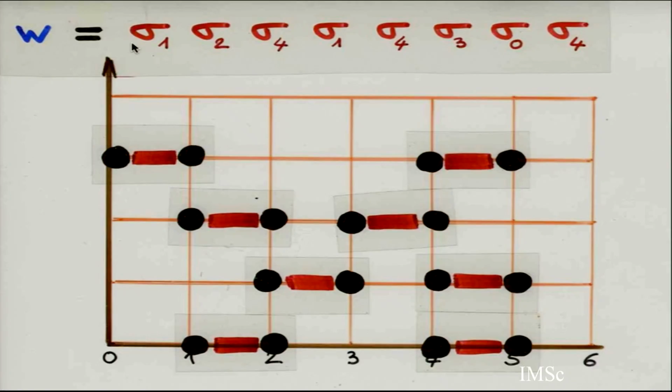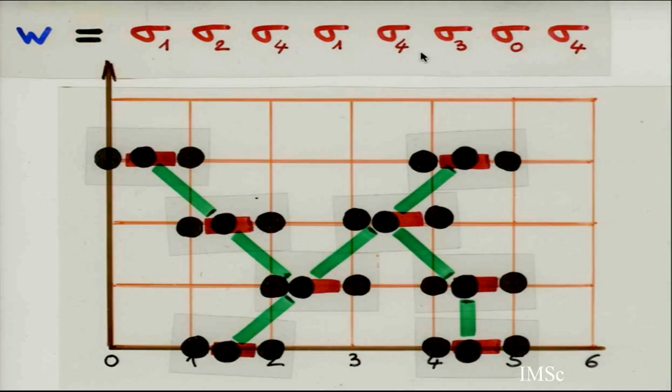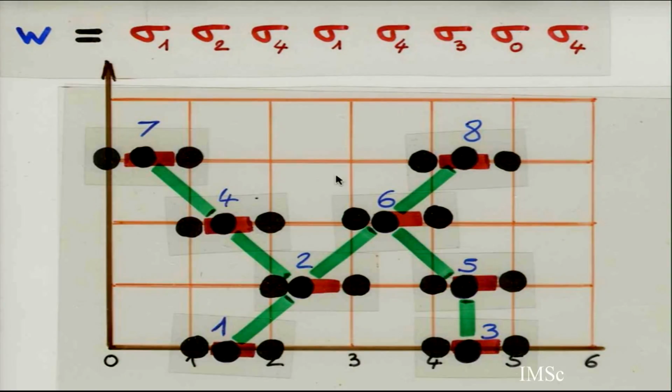Example, take this word, sigma 1, sigma 2, sigma 4, in the commutation monoid, the generators of the symmetry group, or in the dimers. So take this word, it gives this heap, this poset, and now this word is in bijection with this linear extension. You put the label, you say, okay, this is the first piece which falls down, sigma 1. Then sigma 2, the second piece which falls down was this one. Sigma 4 was this one. Sigma 4, yes. This is number 3. The letter number 5, sigma 1, was this one.